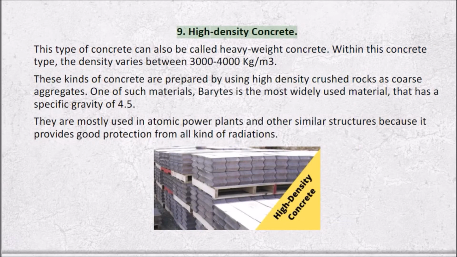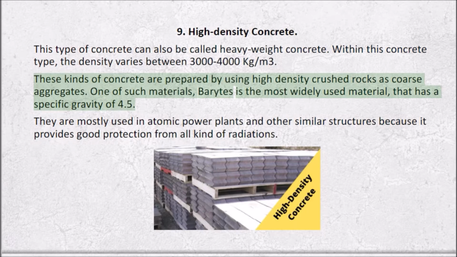9. High-density concrete. This type of concrete can also be called heavyweight concrete. Within this concrete type, the density varies between 3,000 to 4,000 kg/m3. These kinds of concrete are prepared by using high-density crushed rocks as coarse aggregates.